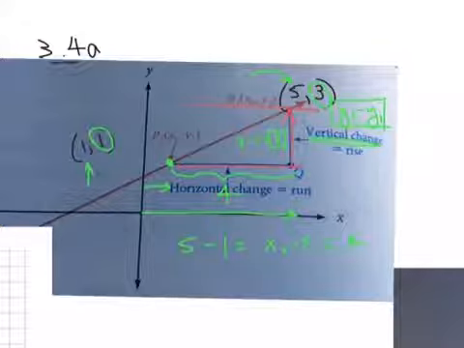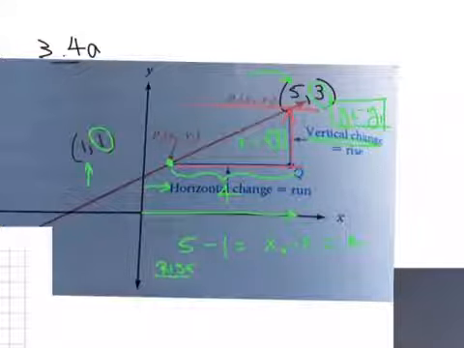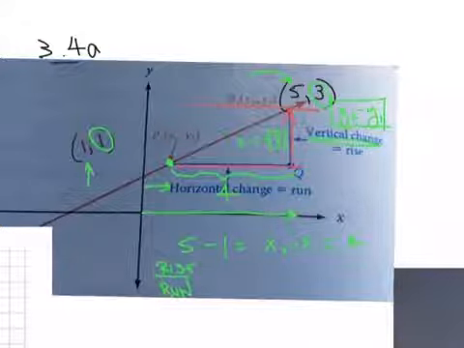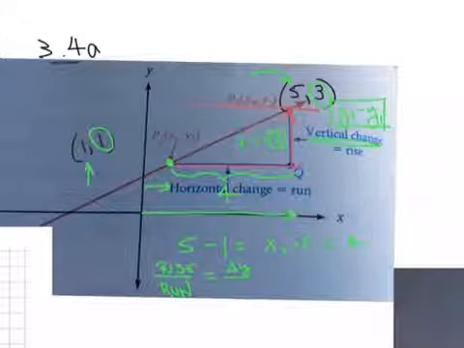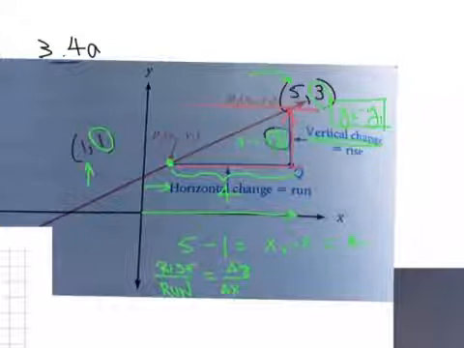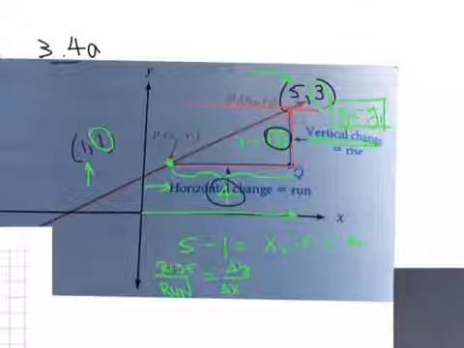So what we've got is our rise over the run, our vertical over the horizontal, which is the same as our change in y over our change in x, which we did right here.